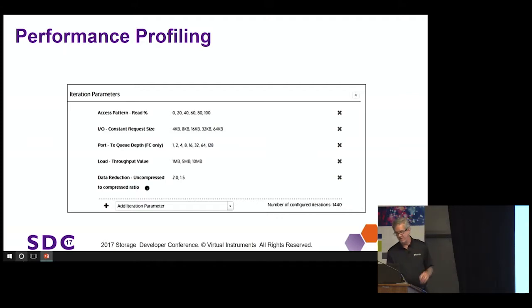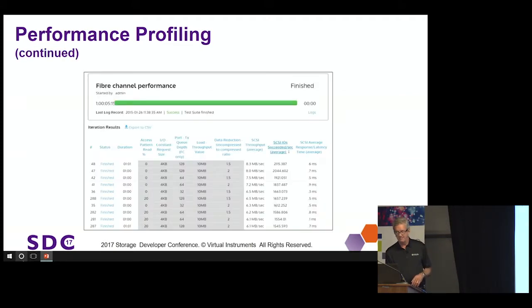So there's 2 ways of looking at that. And from the results we get after the tests, we can sort on different headers, so you can find what access pattern gave you the best performance, what block size, queue depths, whatever it might be of interest, and sort along those.